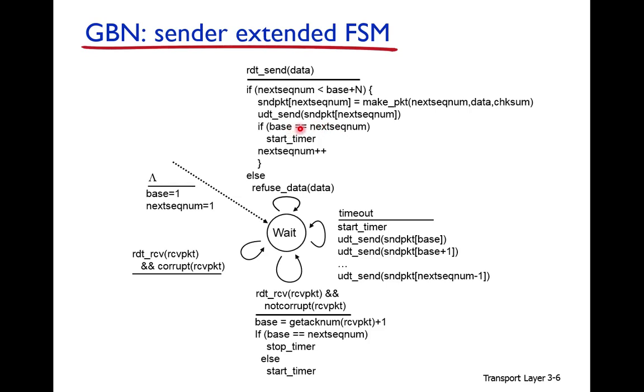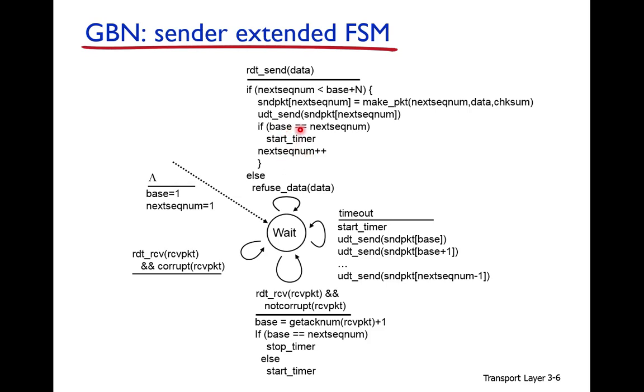It means that there is no packet sent. This is the first packet to be transmitted, so this is the oldest packet. In this case we have to start the timer, because we start the timer for the oldest packet. Okay, and the next sequence number is incremented.